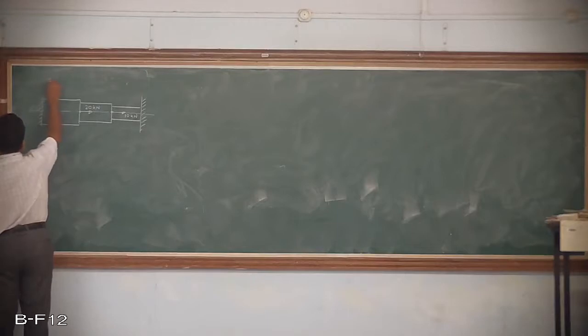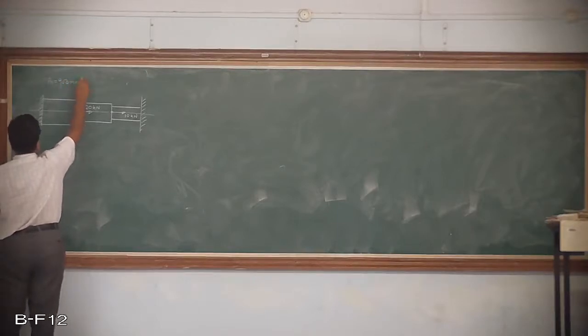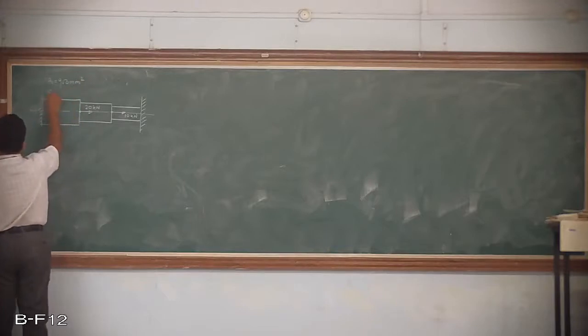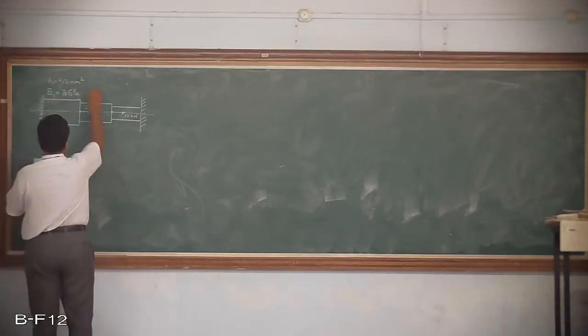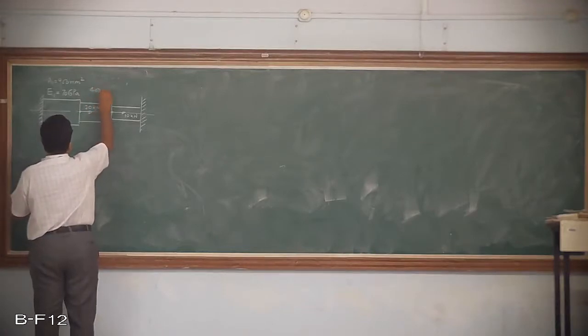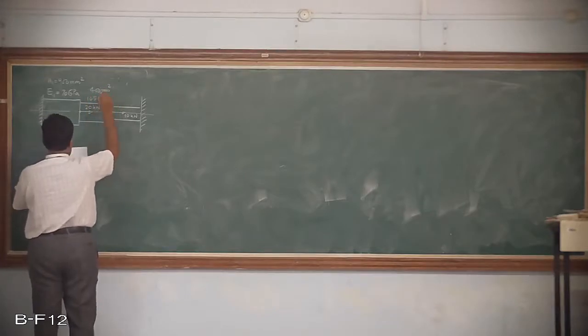The area for this, A1, is 900 millimeter square, and the E, what you can say E1, is 70 gigapascal. Similarly, the area A2 for this is 400 millimeter square and 105 gigapascal is the Young's modulus for this.